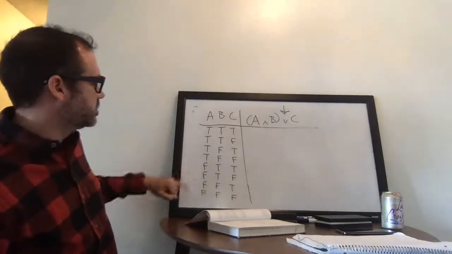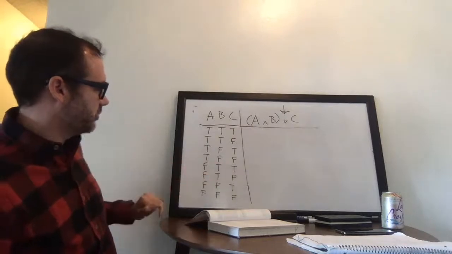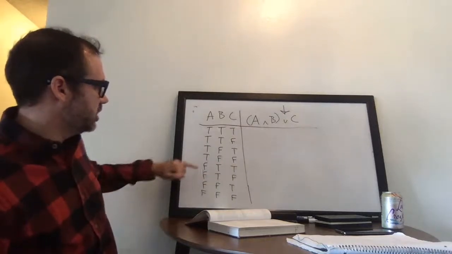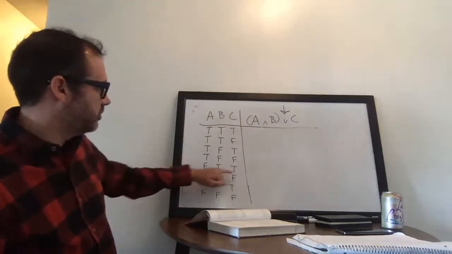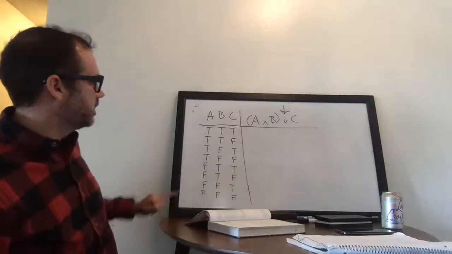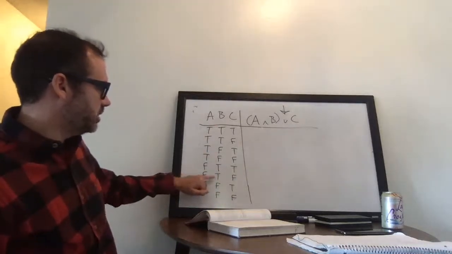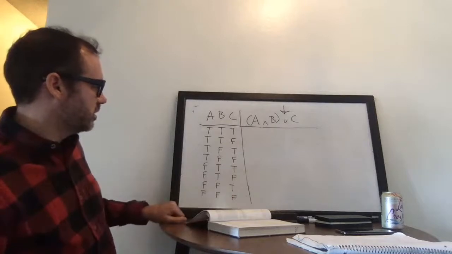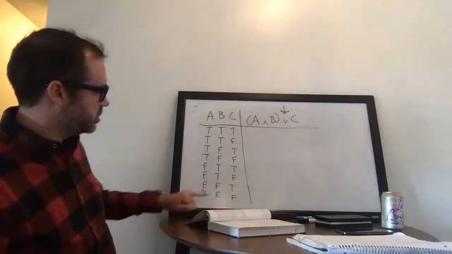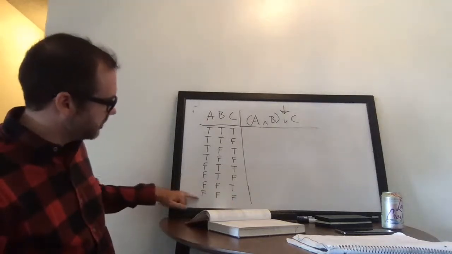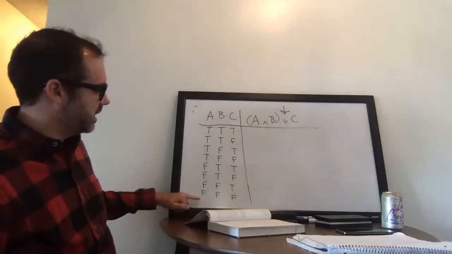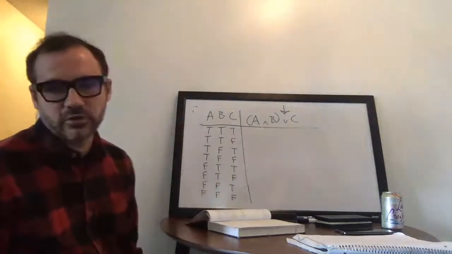A fourth combination where only A is true and the others are false. The fifth combination has false A with true B and C. The sixth combination is where only B is true and the other 2 false. The seventh combination in which only C is true and the other 2 are false. And finally, in the last row, the case in which all 3 of the sentences are false.